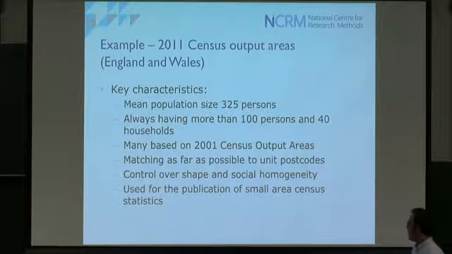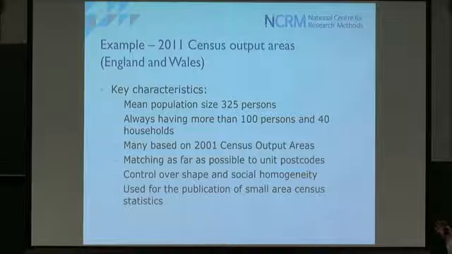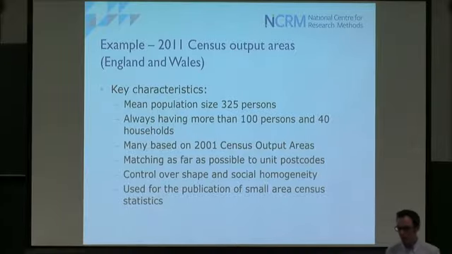And then the other criteria which were applied for this design were that it should match as far as possible to unit postcodes, which were an input as part of this processing, and then controls over the shape and the homogeneity. And then these were subsequently used for the publication of small area census statistics.